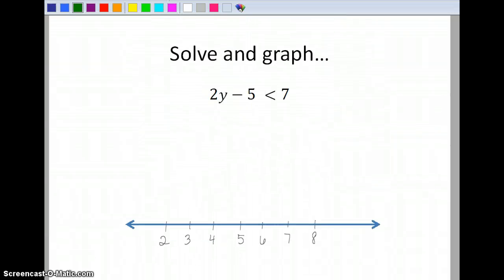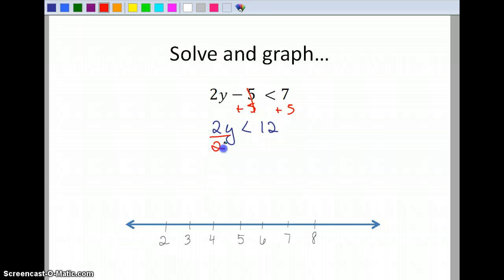Okay, let's look at a couple of multi-step inequalities. 2y - 5 < 7. The first thing I'm going to do is add 5 to both sides. So now we have 2y < 12, see, 5 plus 7 gives me 12.